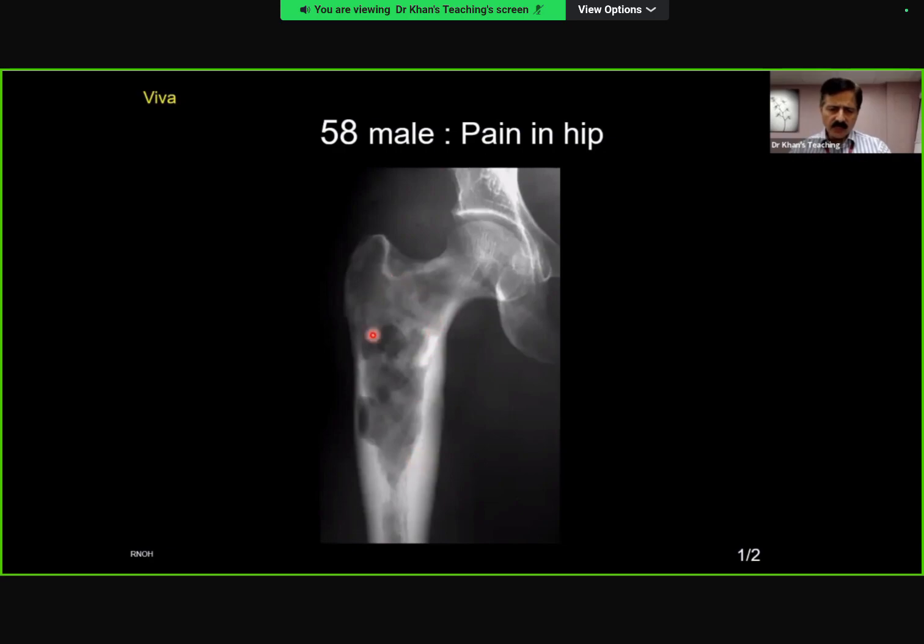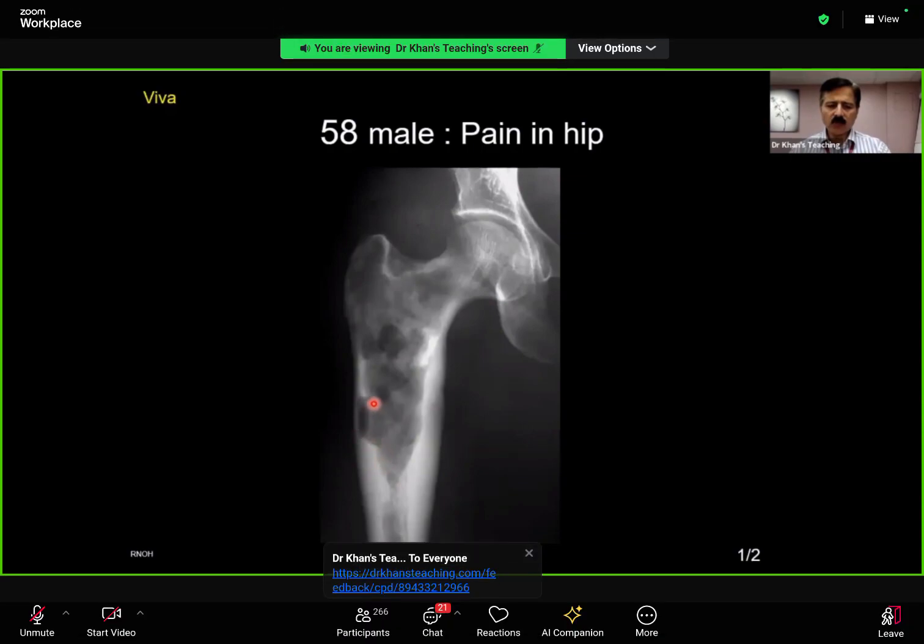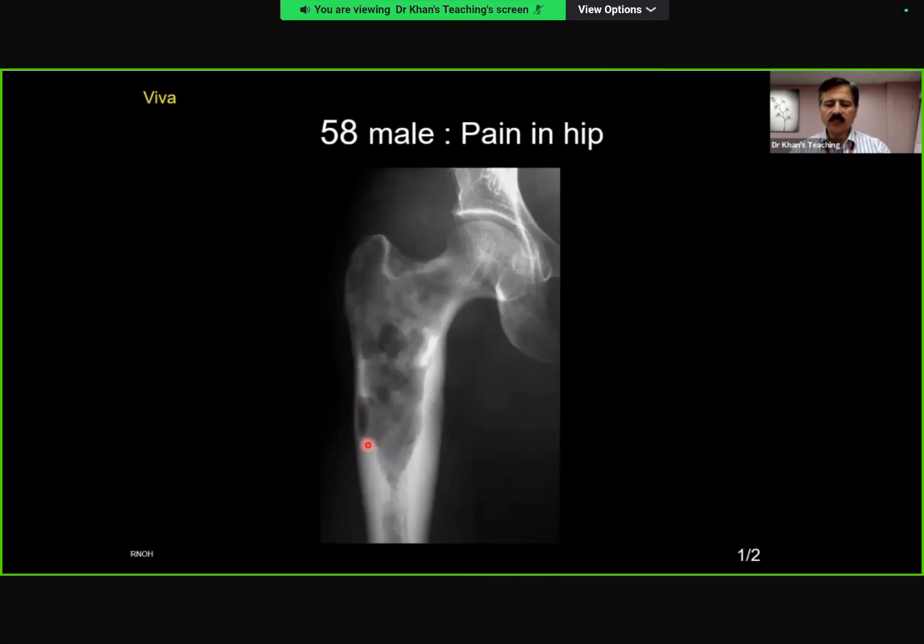This is a lytic lesion, and it is causing scalloping of the cortex. So, our criteria is if the endosteal scalloping is more than 2/3 of the thickness of the cortex, then it is taken as a sign of malignancy.